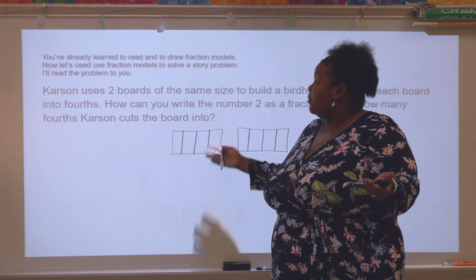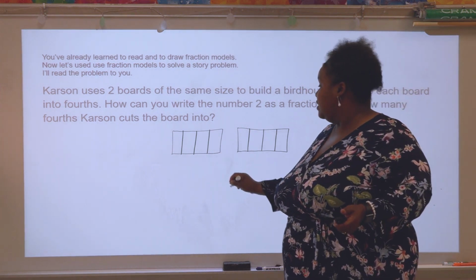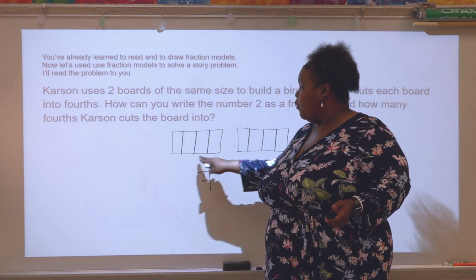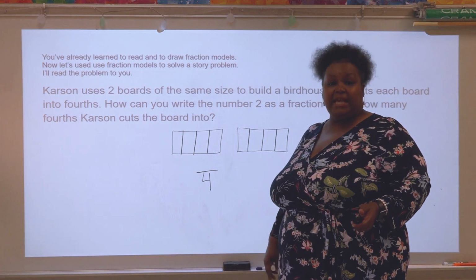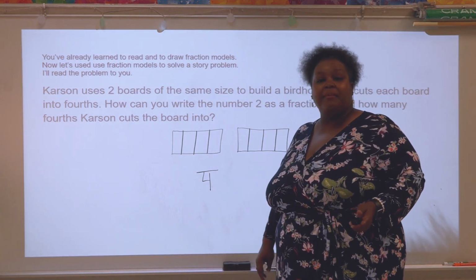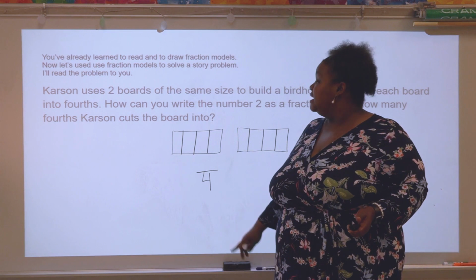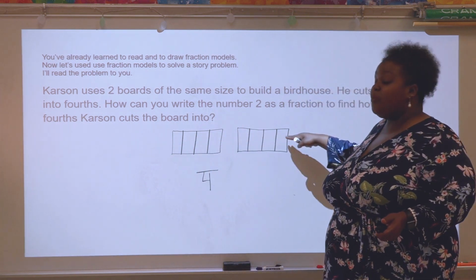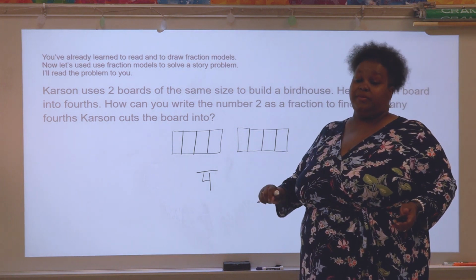So the problem told me my denominator, it's going to be 4, because in my 1 whole, there are 4 equal pieces. That's why my denominator is 4. To find my numerator, I have to count all the equal pieces in both wholes. Both of them.